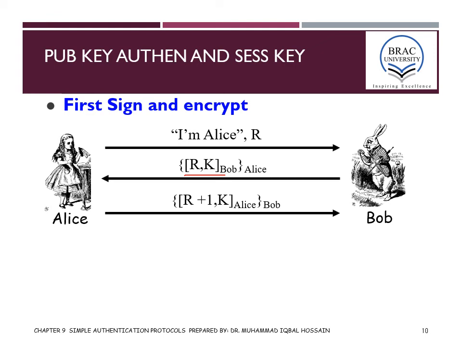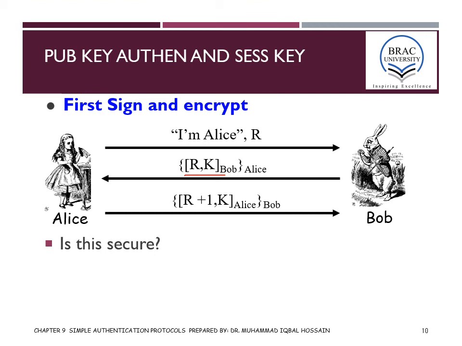Alice will use her private key to decrypt it, and then use Bob's public key to find the key. And again with the random challenge, R plus one with the K, she signs it with her private key, and then encrypts it with Bob's public key and sends it to Bob.